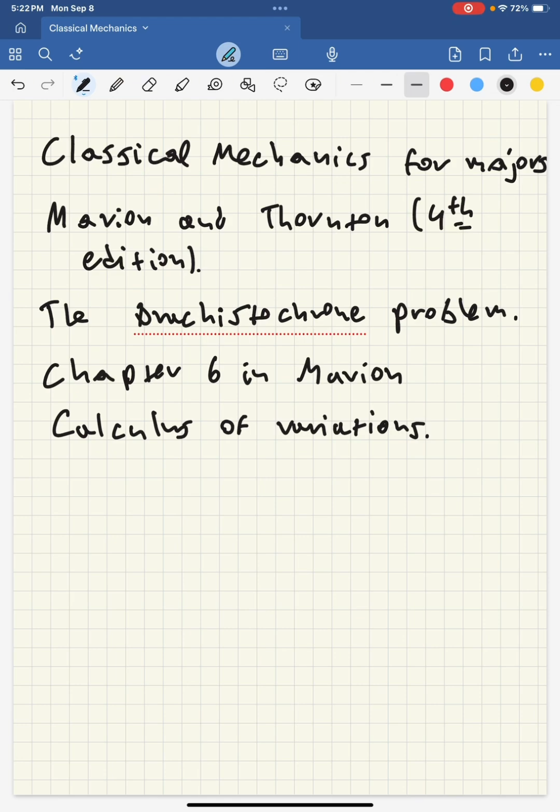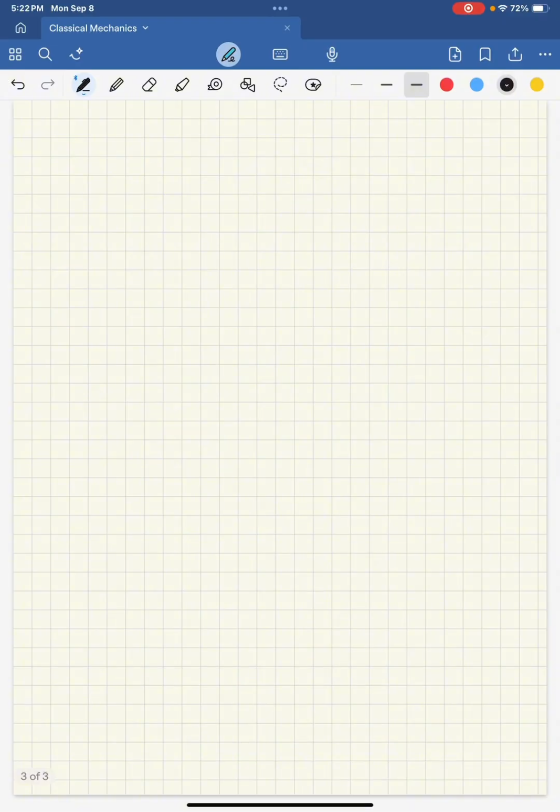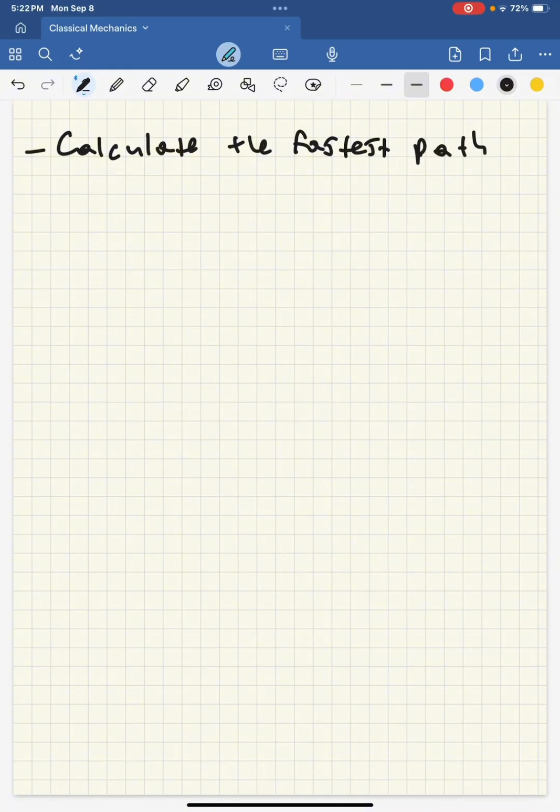Okay, so let's start with a clean page. So the task is to calculate the fastest path in terms of time. Fastest in terms of time.